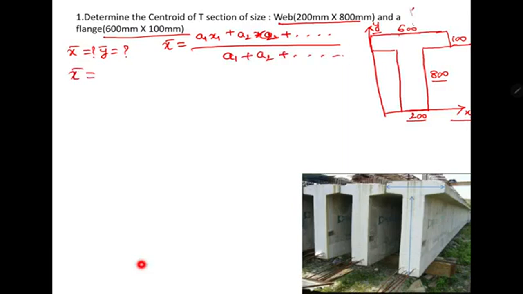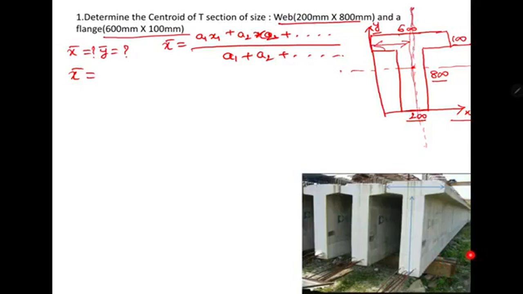The center of this must be our centroid. So x bar is the distance from the y-axis to the center of this. From the y-axis, the distance is 600 by 2. Why?